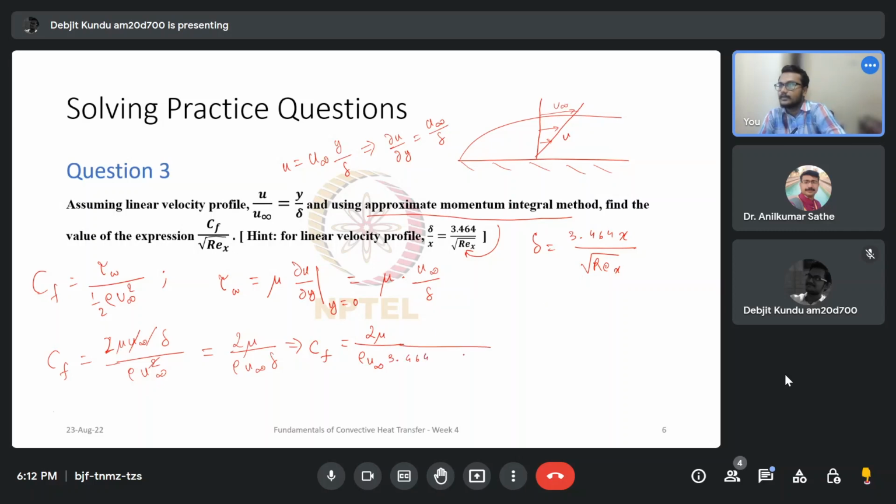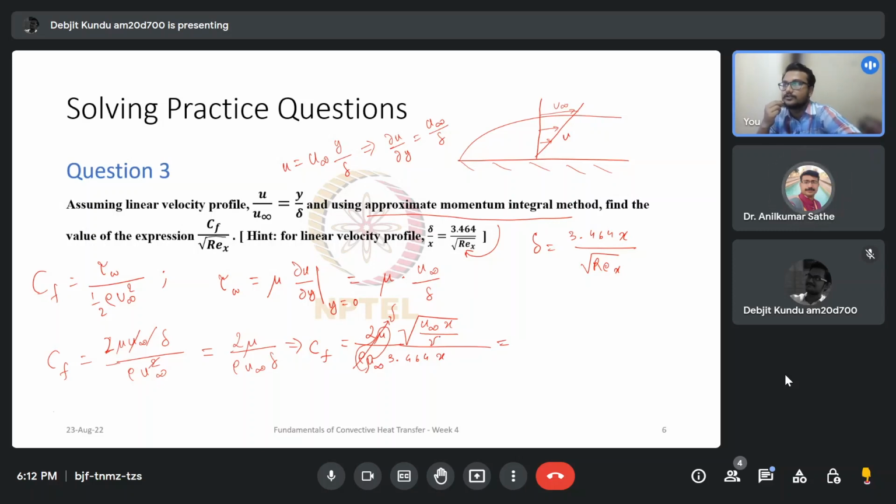3.464 x divided by under root Rex. So we will move it to the numerator. Rex we will write as u infinity x by nu, and this mu by rho part is equal to nu, right? So there is a nu under square root, a u infinity under square root, and an x under square root.